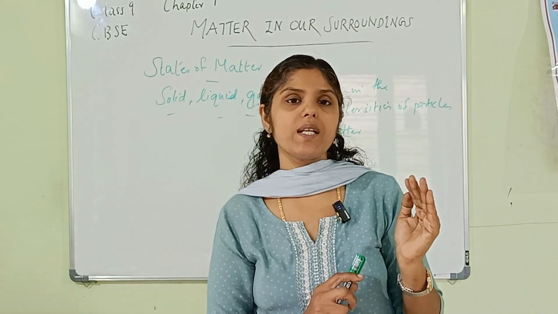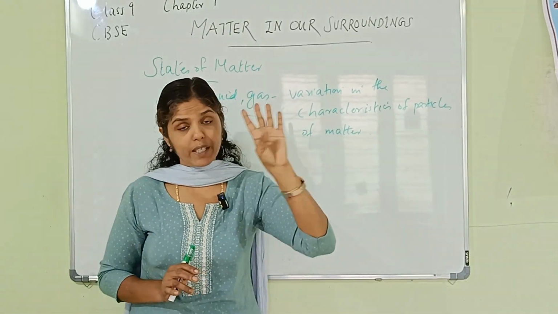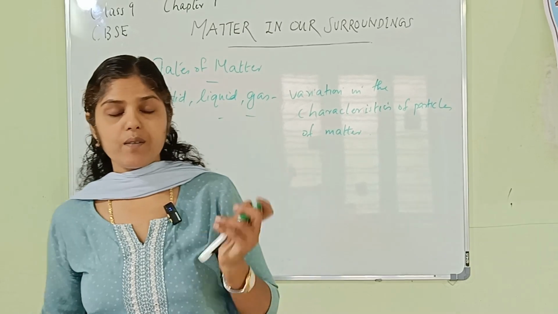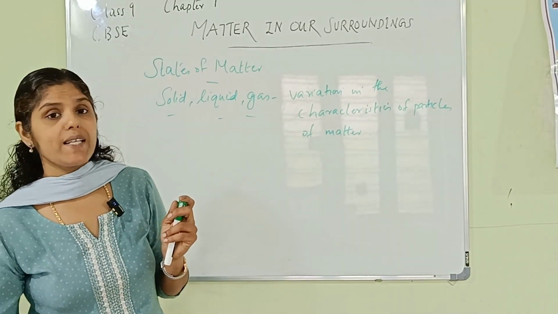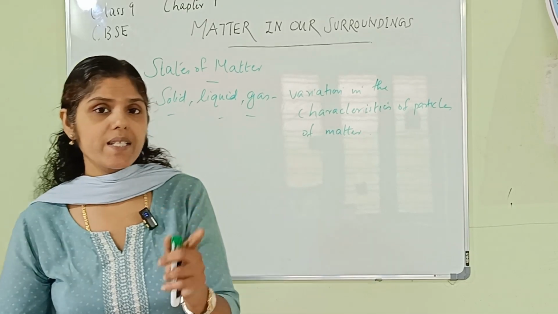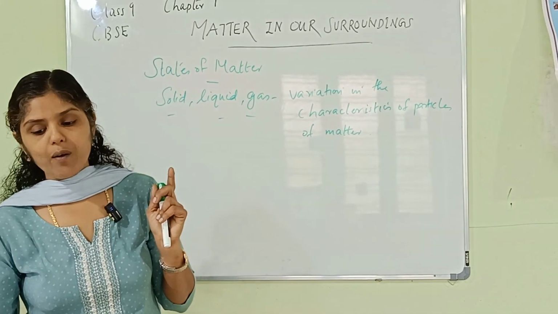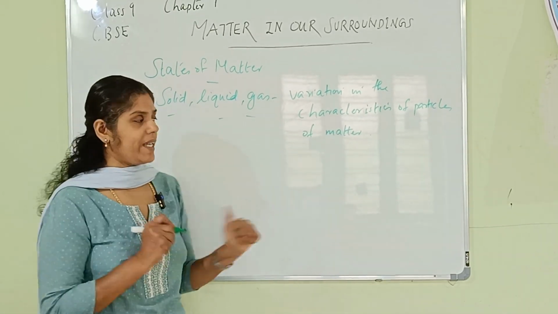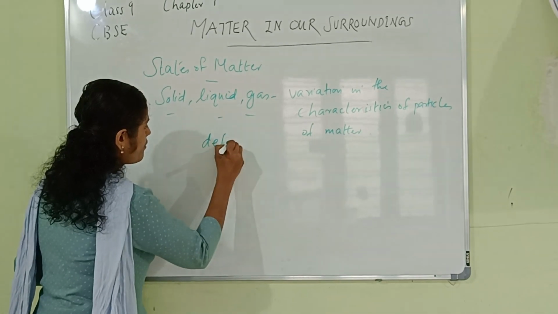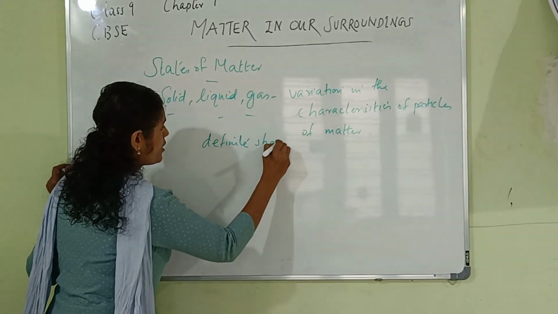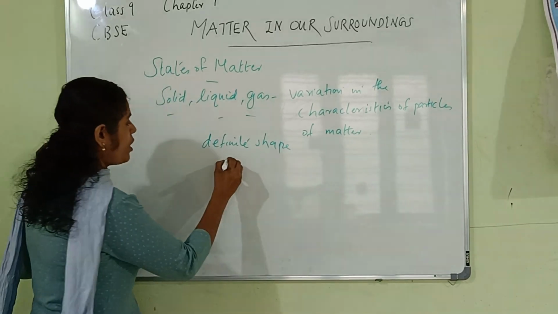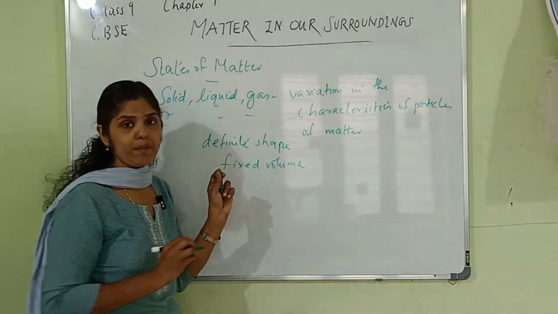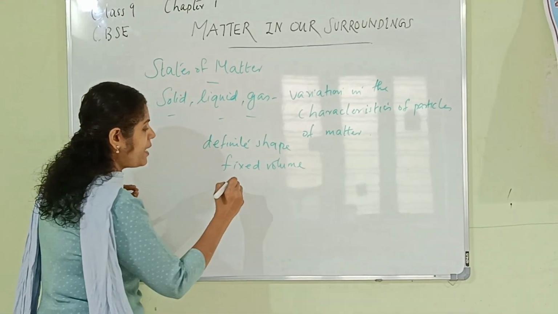So what are the characteristics of solids? Matter can exist in three forms. The first one is solid form. What are the peculiarities of solid form? First, it has a definite shape, distinct boundaries, as well as fixed volume. Second, what about compressibility? It has negligible compressibility.